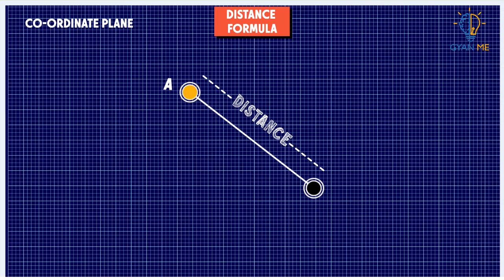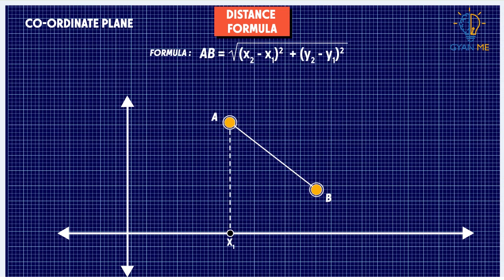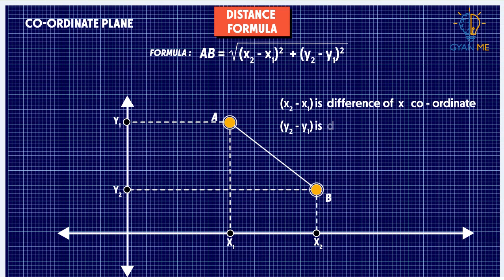Accordingly, if two points A and B are given, the distance AB between them can be calculated by the formula AB is equal to under root (x2 minus x1) whole square plus (y2 minus y1) whole square, where x1 is the abscissa of A and x2 is the abscissa of B, and y1 is the ordinate of A and y2 is the ordinate of B. x2 minus x1 is the difference of x coordinates and y2 minus y1 is the difference of y coordinates.